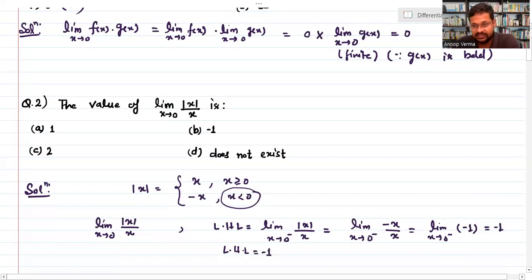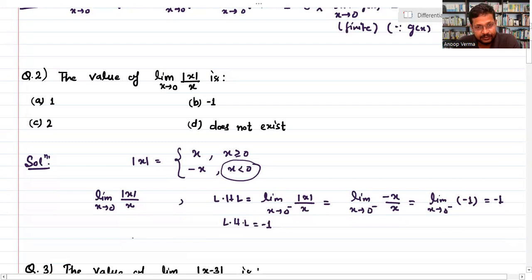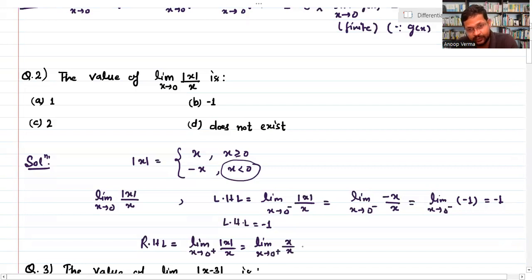Let us see what the right hand limit will be. Limit x tending to 0 plus of mod of x upon x. Here mod of x will open with x when x is slightly greater than 0. So it will be x upon x, and you will get 1.